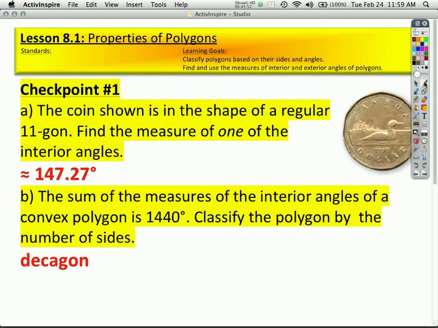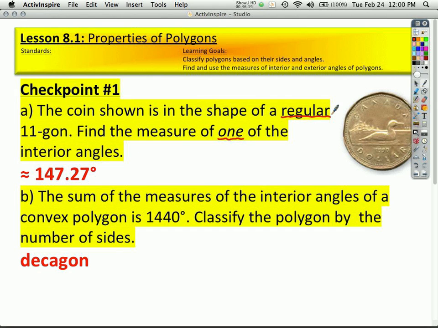So there was something extra that we hadn't done before in part A. What did you have to do in part A to answer the question? There's something extra, Jada. You said that so beautifully. Once you found the sum of the angles, you had to then divide by 11 to get the measure of 1. Because this is a regular polygon, only because it's regular, that means each one's exactly the same.